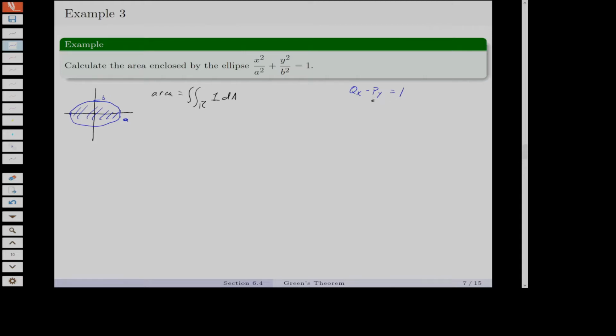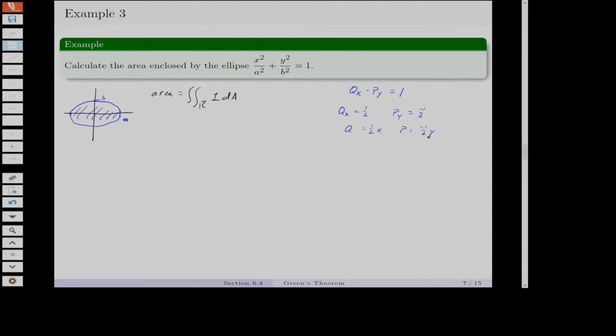Okay, the idea is, I'll make it so the Q_x is 1/2 and the P_y is negative 1/2, so that when I take 1/2 minus a negative half, I get 1. So the Q should be 1/2 x, so that when I differentiate with respect to x, I'll just get a half. Okay, and the P should be negative 1/2 y.